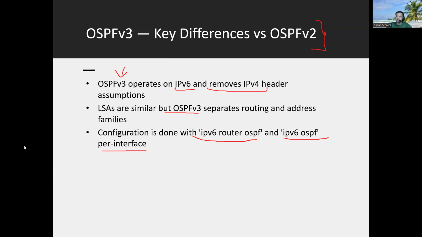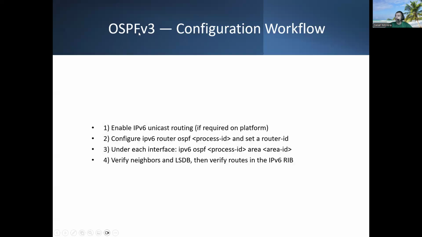Let's go ahead and clear the board and move on. Okay, now let me annotate some information with the configuration workflow for OSPFv3. We have the following. Let me use the highlighter for this one, the green color. We have to enable IPv6 unicast routing.